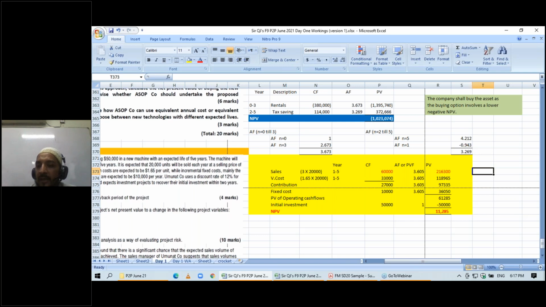So there are variables like sales price, variable cost, fixed cost, and quantities of the products sold. If there is a change from our accounting estimates on the basis of which we are calculating the NPV, and those changes are very practical, that they can occur in the future, because these are all accounting estimates and the actuals can be different in reality, then we are predicting what percentage of change can make the NPV zero or negative.